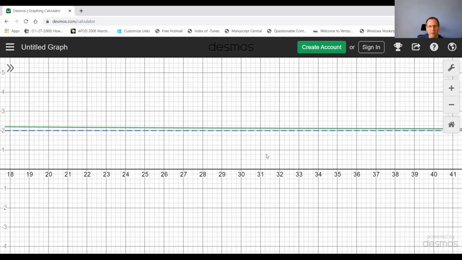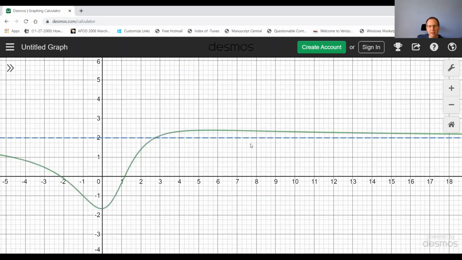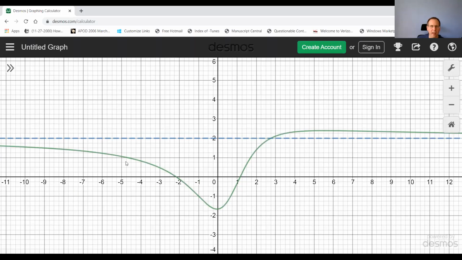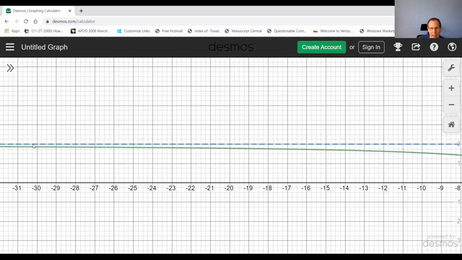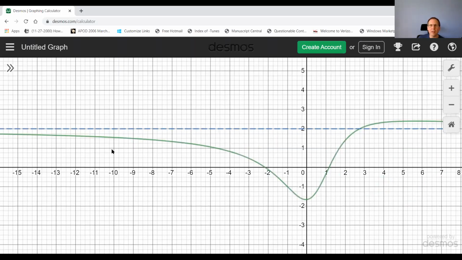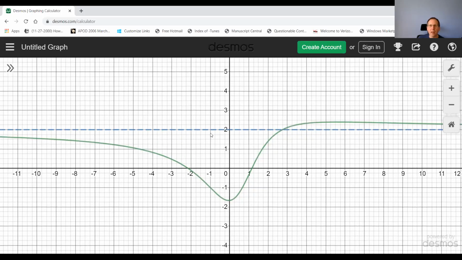It's approaching 2, actually from above, but that's okay. And then here, when x gets really, really small, it's approaching 2 again. It happens to be from below, but it's still approaching 2. So that line, y equals 2, is a horizontal asymptote.